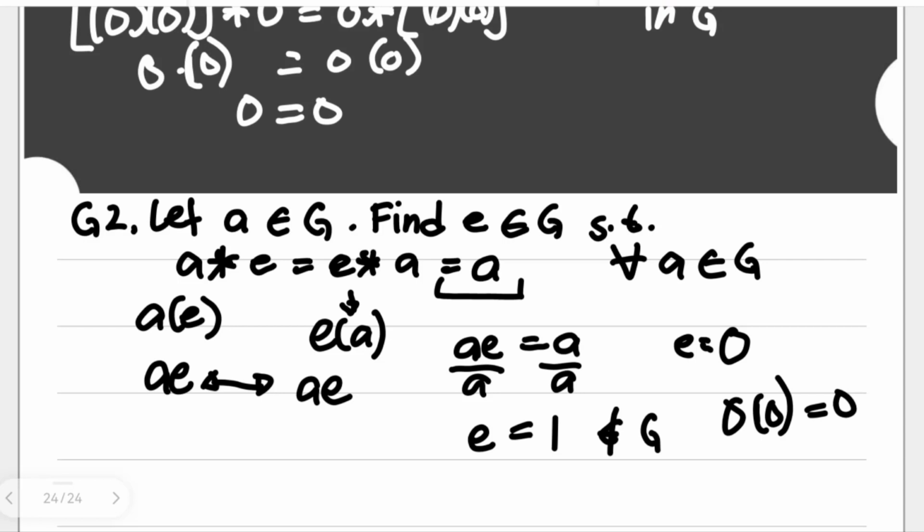But there are also some concerns like, since we are still on usual multiplication, our identity is still 1. And in this case, 1 is not an element of G. Therefore, this will still fall into the idea that the set containing 0 under usual multiplication is not a group.